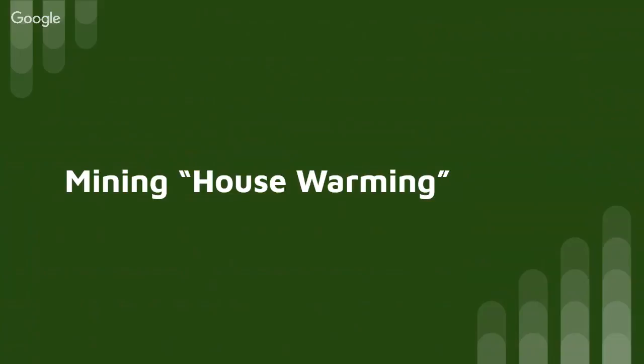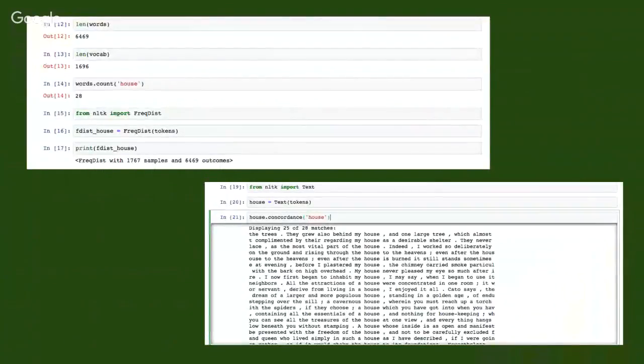Interestingly, if you look up home with the concordance features, it only comes up twice and it's not very helpful in doing any sort of analysis. But when you do house, it comes up about 28 times, which even though it looks like not a lot because there's 6,000 words total, it actually is one of the only non-article words to come up as often as it does. In fact, words like some, more are used way less than house.